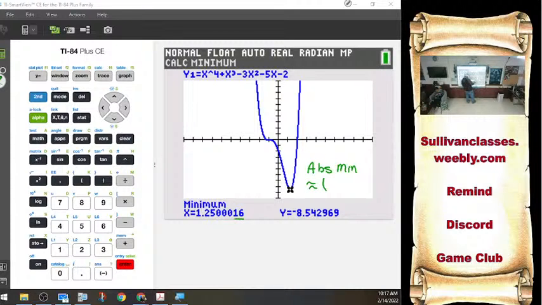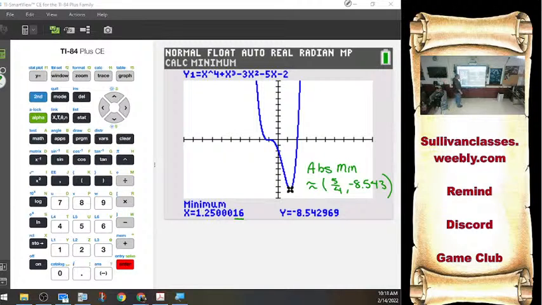That little itty bitty round off error, I'm going to turn into 5/4, negative 8.543. If you just called it 1.25, that's fine as well, because it is a terminating decimal. It's an absolute because it's the lowest it ever goes.